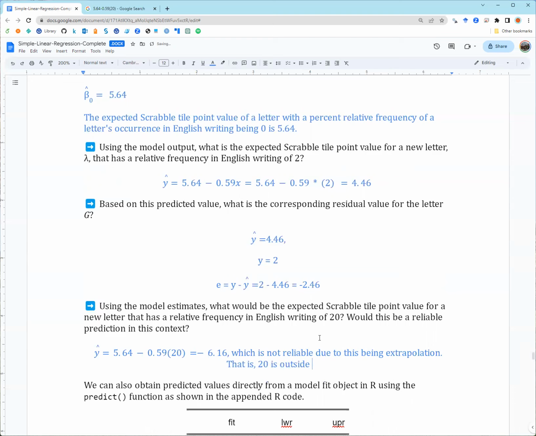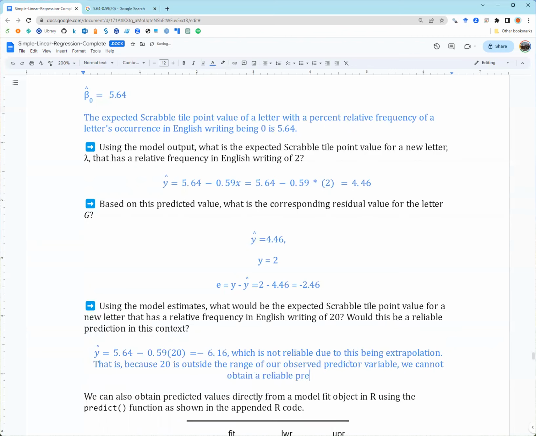Because 20 is outside the range of our observed predictor variable, we cannot obtain a reliable predicted value at this value. Because 20 is outside the scope of our data set, outside the range of our observed data, we can't get a predicted value at it.